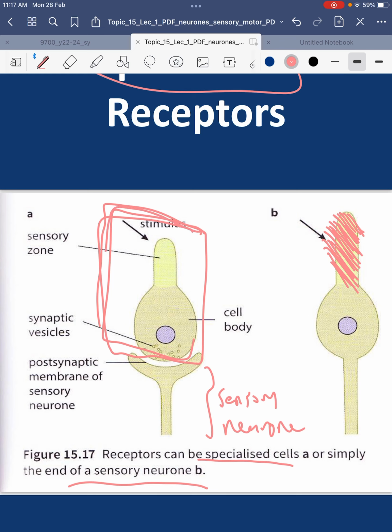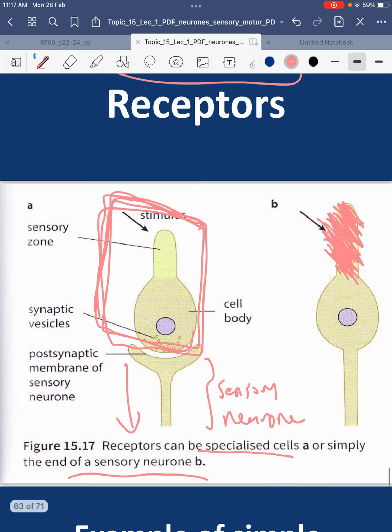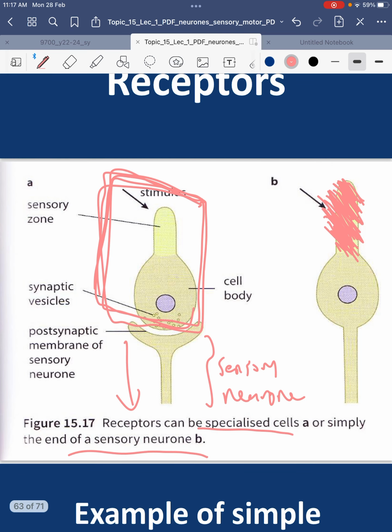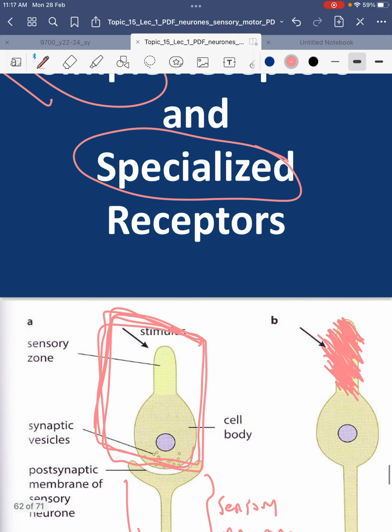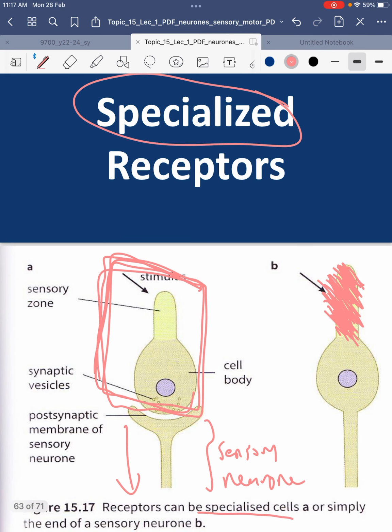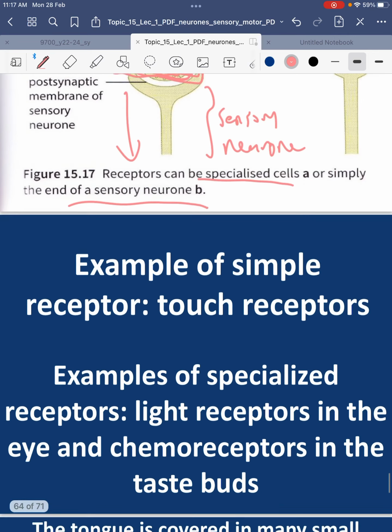This is a specialized cell here, which will pass the impulse to the sensory neuron. The simple receptor can be like the pain receptor in the reflex arc. Or it can be something very sophisticated, like in your taste buds, in your tongue, which use a specialized receptor.